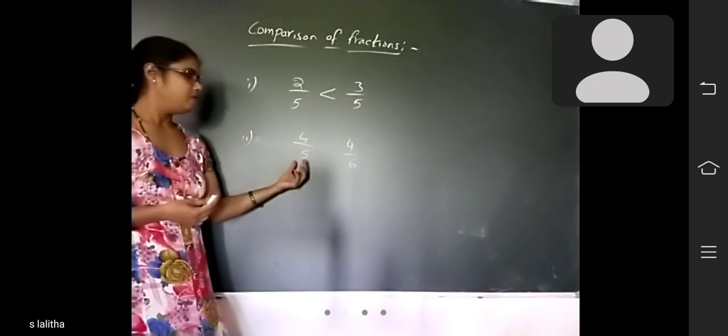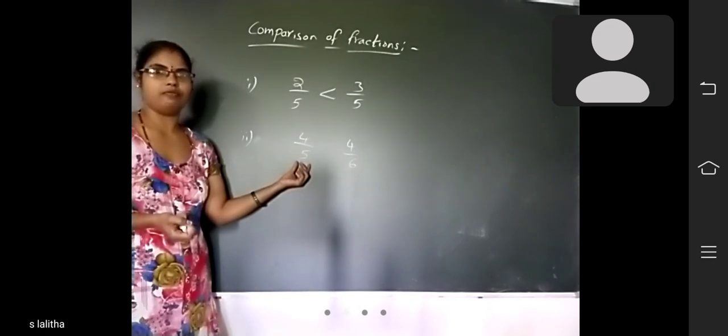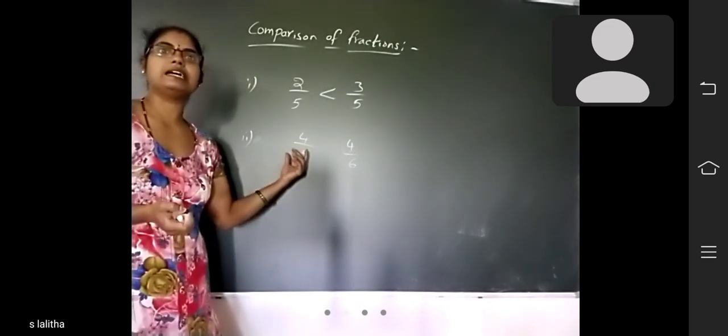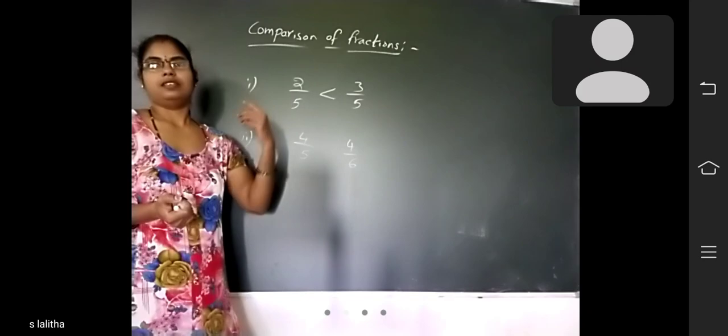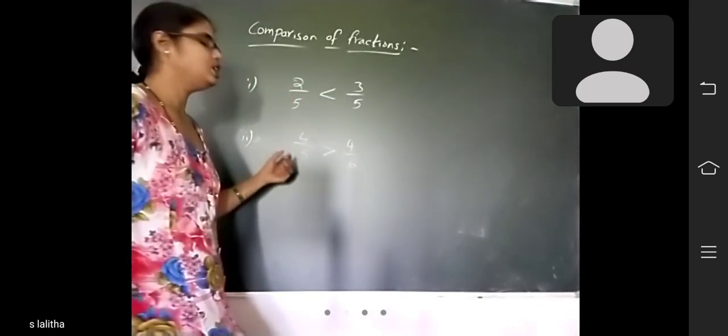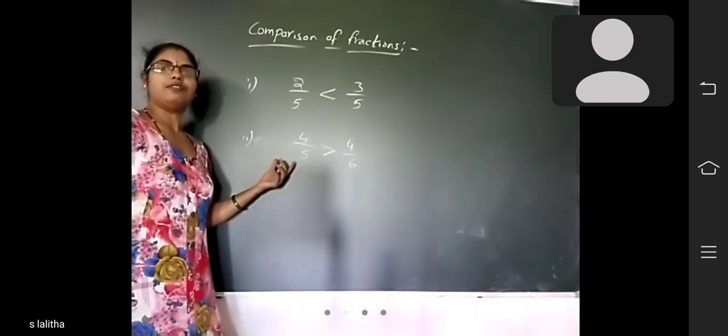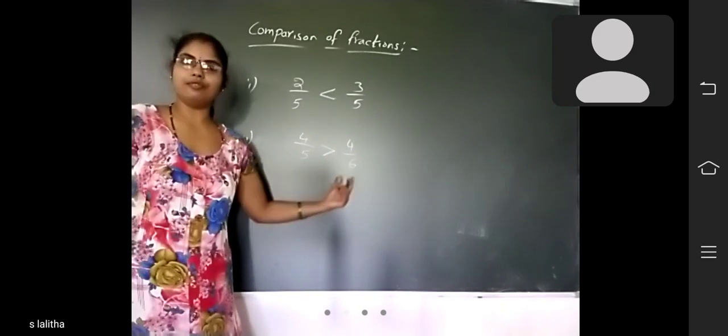So the one having the smaller denominator, this one, the 4 by 5 fraction, is greater than the 4 by 6 fraction. So the fraction having the smaller denominator is greater than the other fraction.